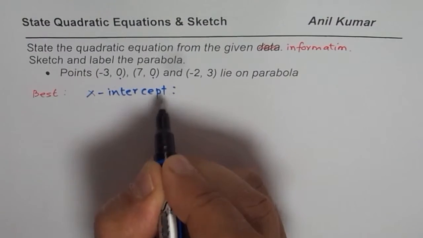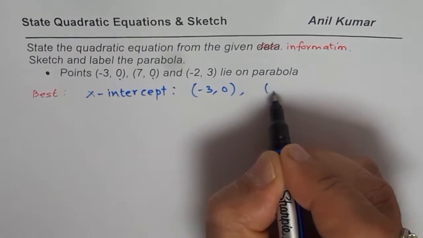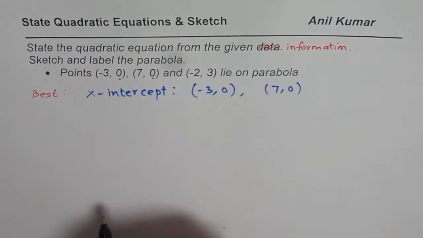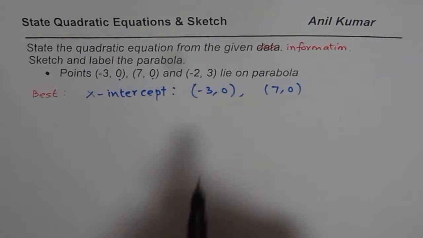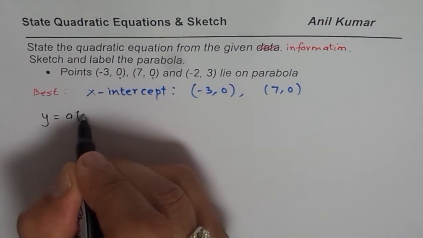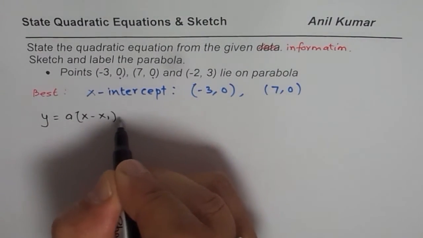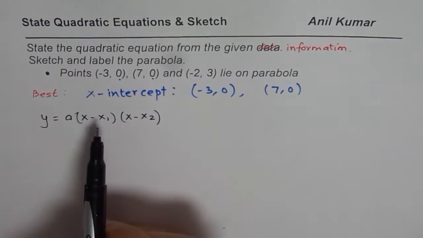So we say x-intercepts are (-3, 0) and (7, 0). That helps you to decide which form of quadratic equation you should be working with. So the best way is to use y equals a times (x minus x1) times (x minus x2).